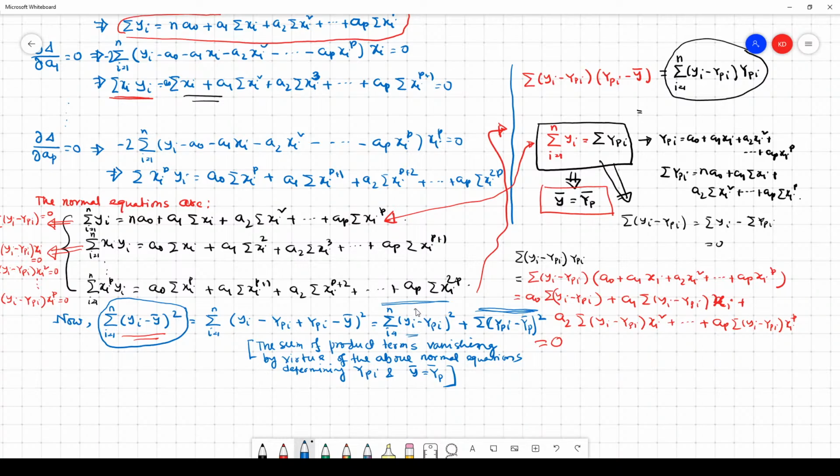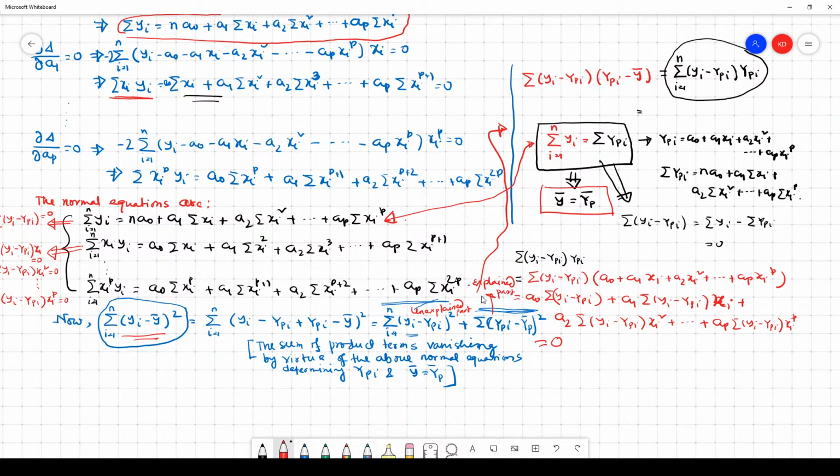So this is the unexplained part, and this is the explained part, explained by the pth degree polynomial regression equation.